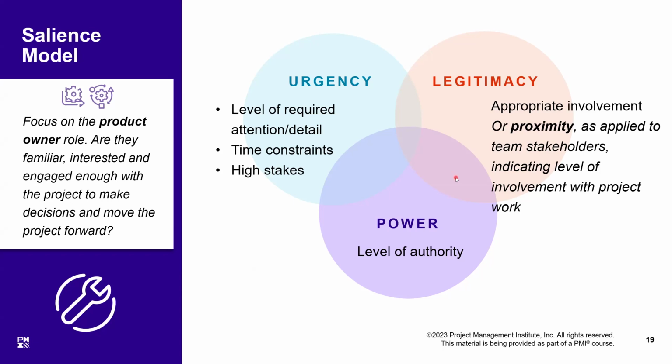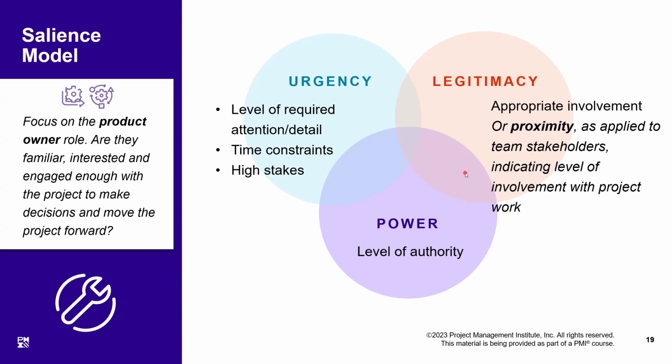The overlap means the power and legitimacy are both high. But because we are not talking about this section, in this section power is high and legitimacy is high, urgency is low. The thing which is not within this covered area, these 2 things are high, but the third thing is low.